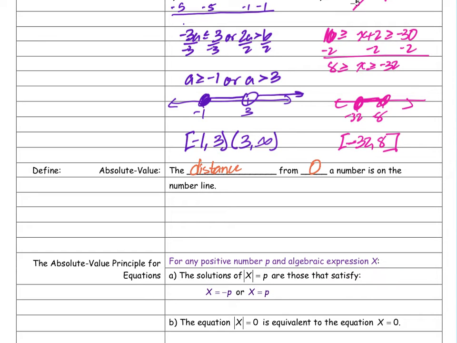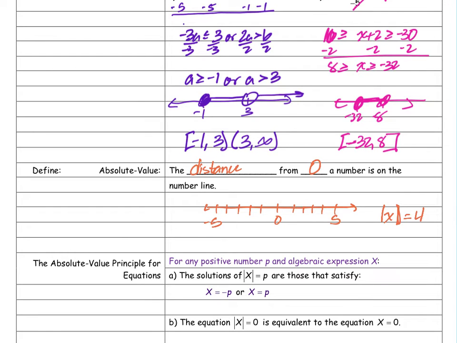So if I am on a number line and I've got 0, 1, 2, 3, 4, 5, negative 5, and I want to know, say I have the absolute value of x equals 4.